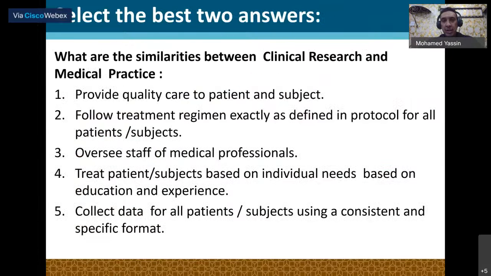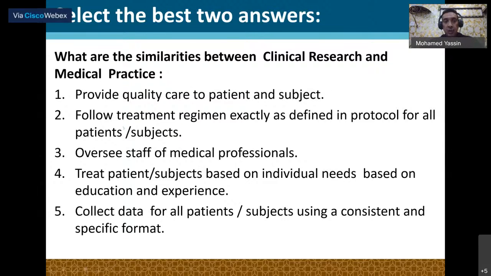So we would like to start this session with a question, and I would like you to answer and vote. What are the similarities between clinical research and medical practice? Number 1, both of them provide care to patient and subject.